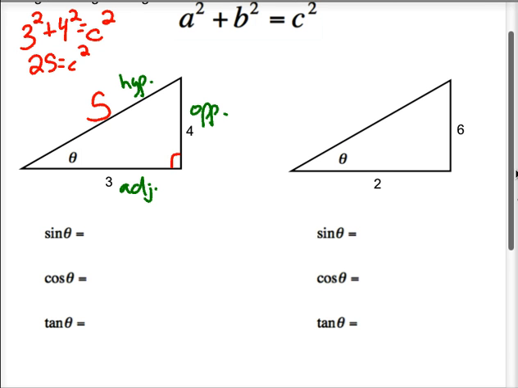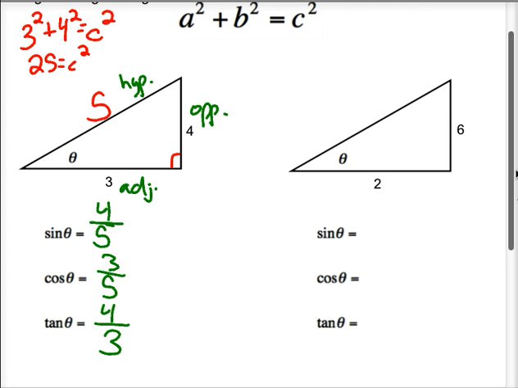So the sine of that theta, opposite over hypotenuse, cosine, adjacent over hypotenuse, and tangent, opposite over adjacent. So once you have the sides, it's really easy to do that division.